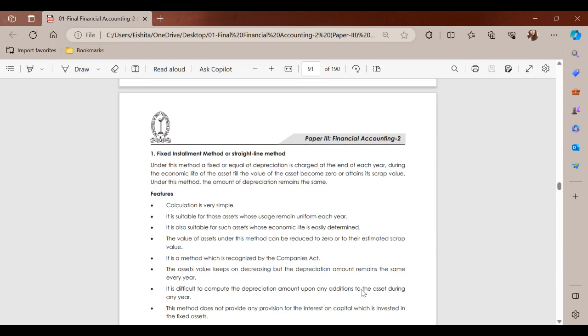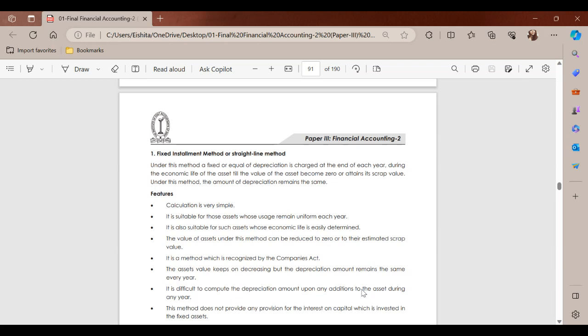Under this method, a fixed or equal amount of depreciation is charged at the end of every year. Whatever is the asset value, break it up over the asset's useful life, and per year you will charge that depreciation.